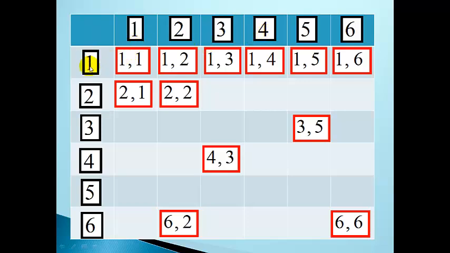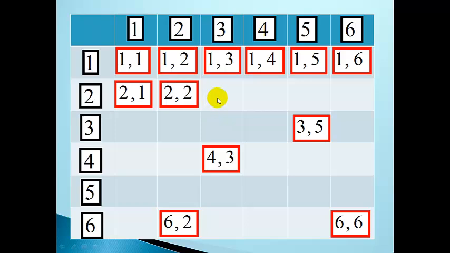Now we match 1 to 6 against 1 to 6. So we have 1 by 1 is 1, 1. 1 by 2, 1, 2. 1 by 3, 1, 3. 1 by 4, 1, 4. 1 by 5, 1, 5. 1 by 6, 1, 6. 2 by 1, 2, 1. 2 by 2, 2, 2.